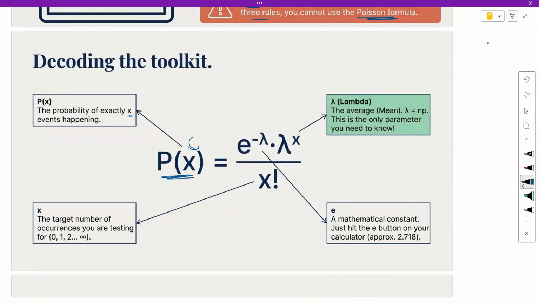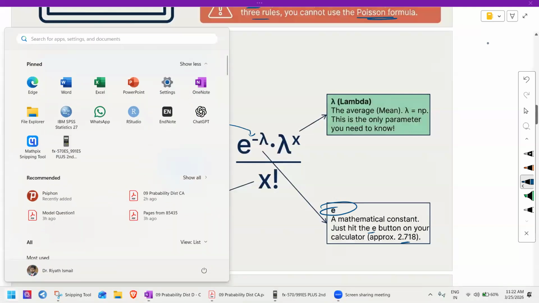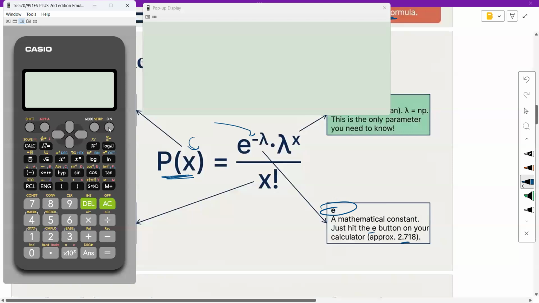Here this part, this is e, right? What is e? e is a mathematical constant with a specific value. Just hit the e button on your calculator, it shows you 2.718. Let me show you for demonstration. Here, this is your calculator.